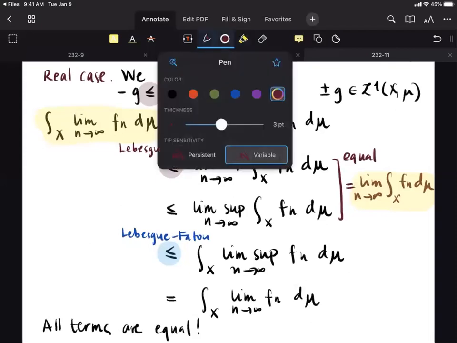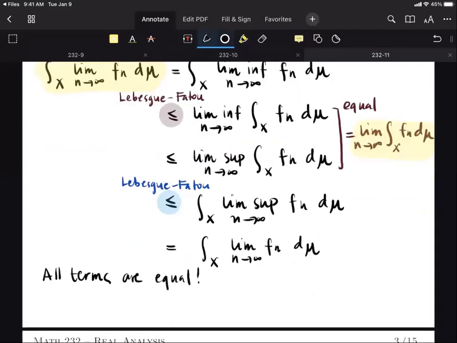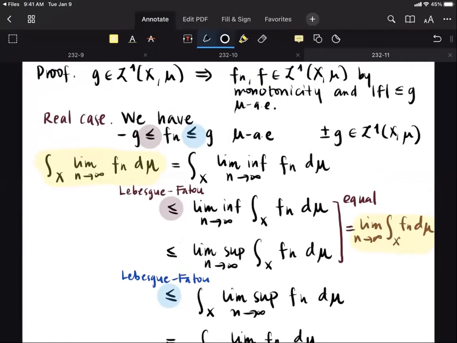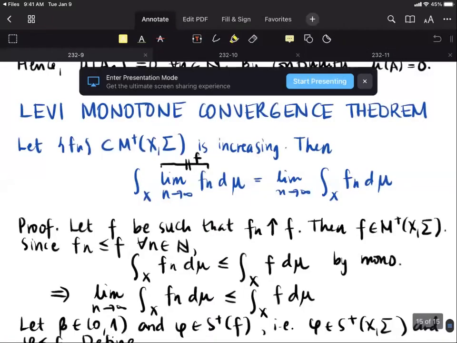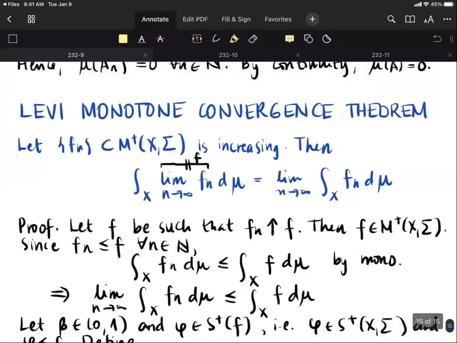So the proof of the Lebesgue-dominated convergence theorem follows directly from the Lebesgue-Fatou lemma. Going back to our previous discussions, first we started with the monotone convergence theorem.